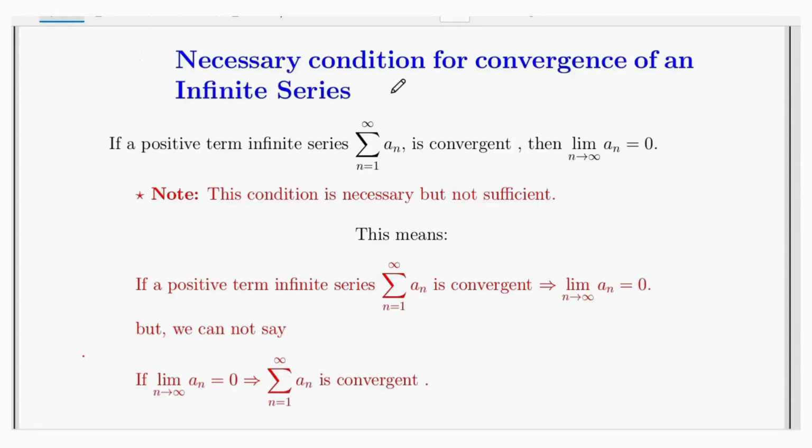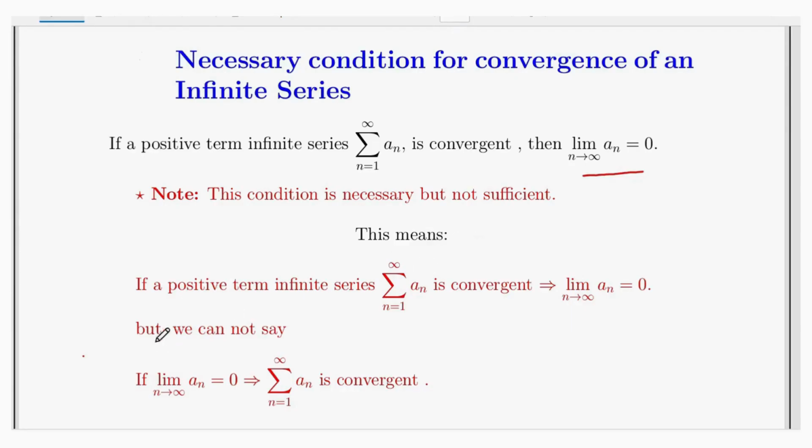Necessary condition for convergence of an infinite series. If a positive term infinite series n is 1 to infinity an is convergent, then limit n tends to infinity an equal to 0. This condition is necessary but not sufficient. So what does it mean?